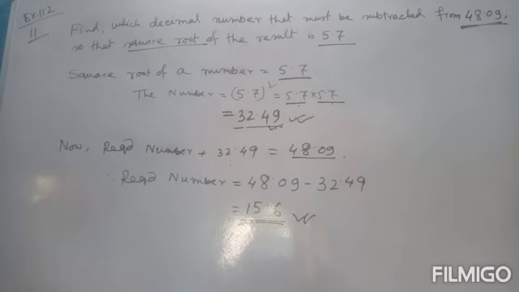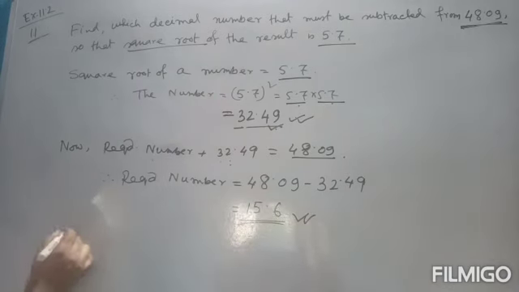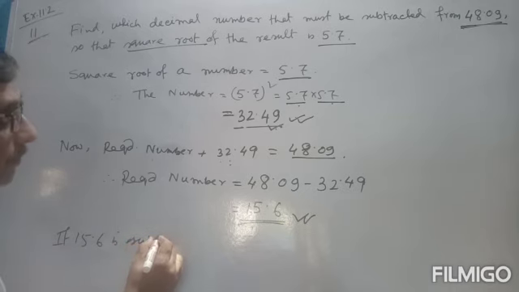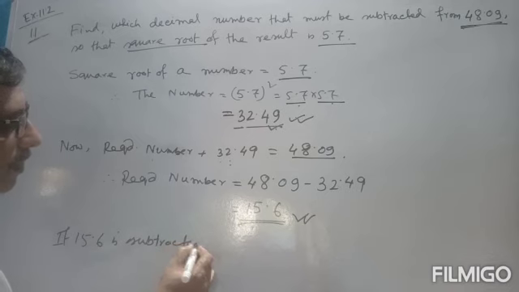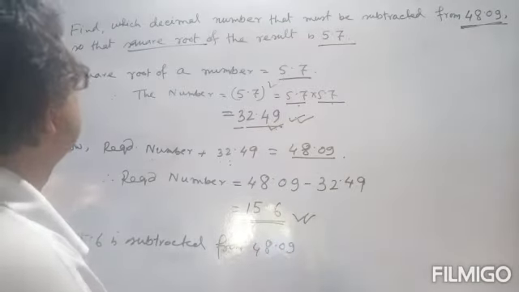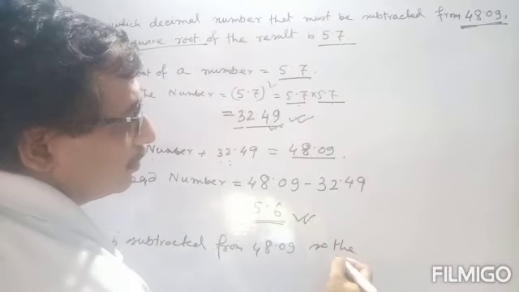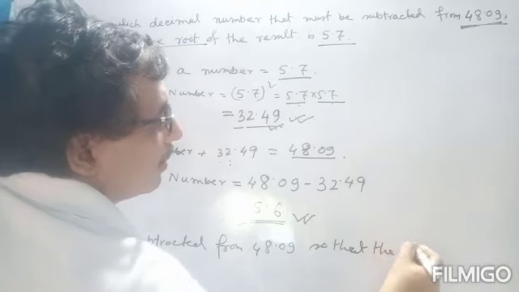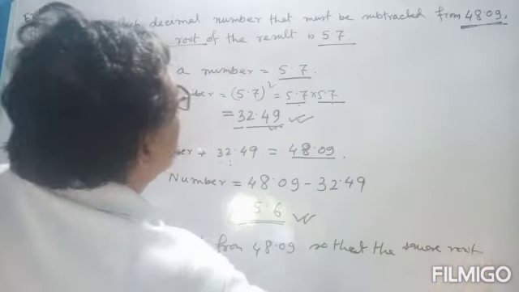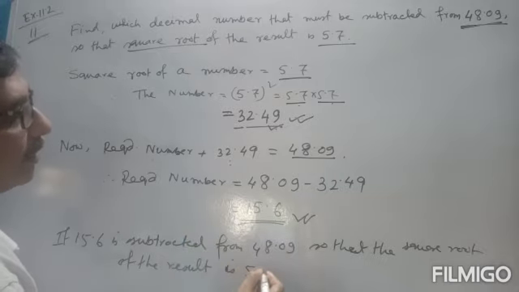Therefore, write down the answer. If 15.6 is subtracted from 48.09, then the square root of the result is 5.7.